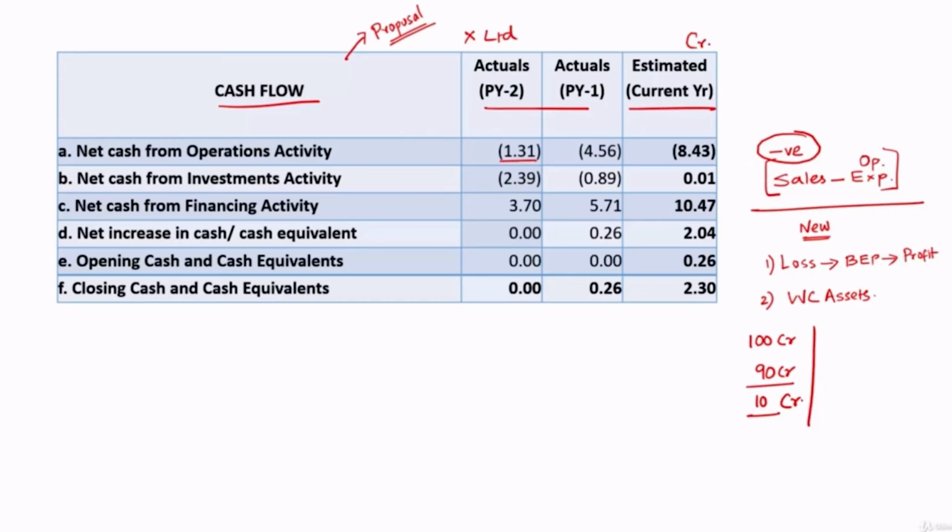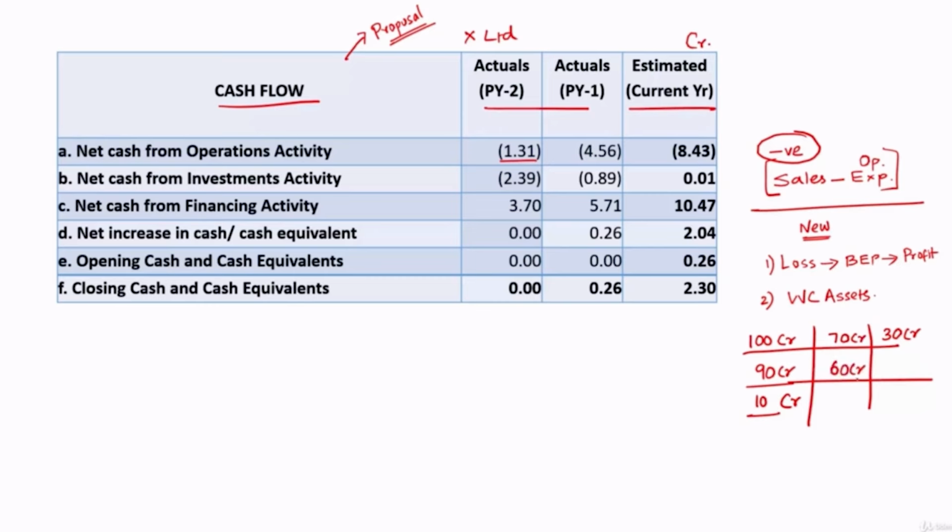you will see that they have not generated cash of 100 crore. Why? The reason can be like this. Out of 100 crore sales, let's say 70 crore is on credit. It means they have generated cash of only 30 crore. Out of 90 crore expenses, let's say they have already paid 60 crore.